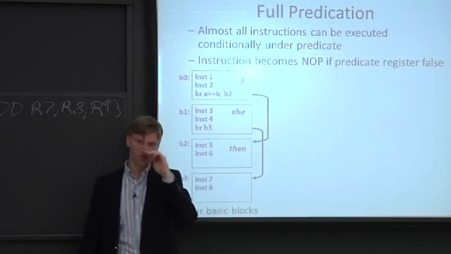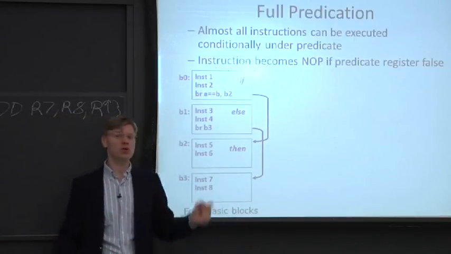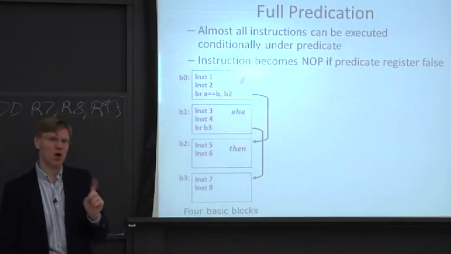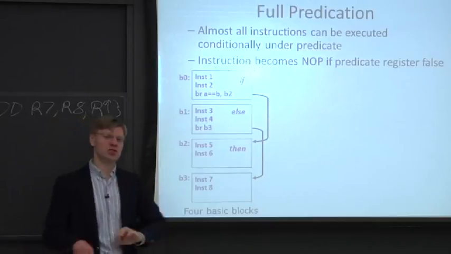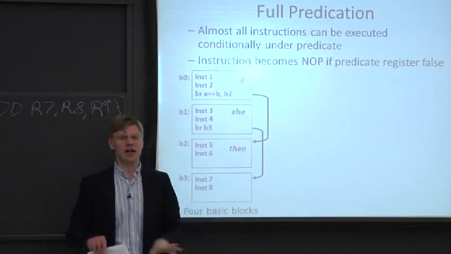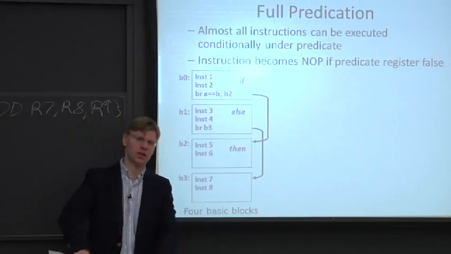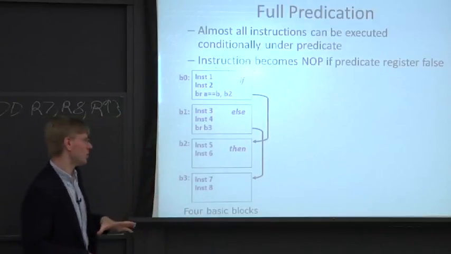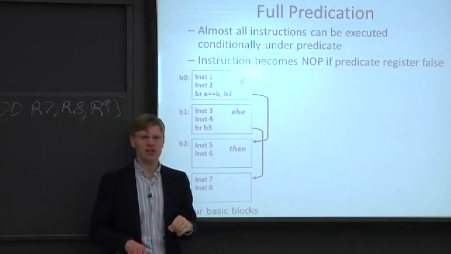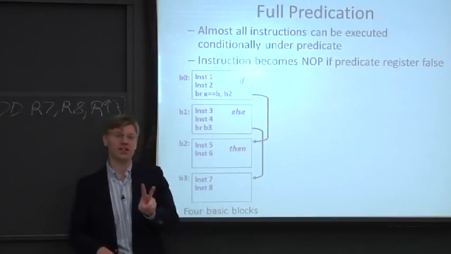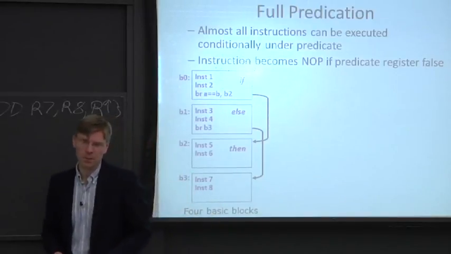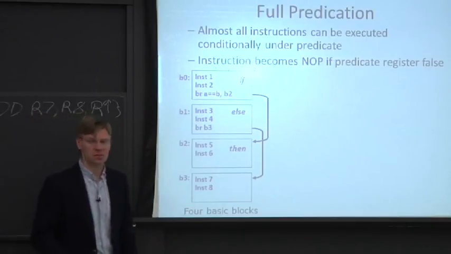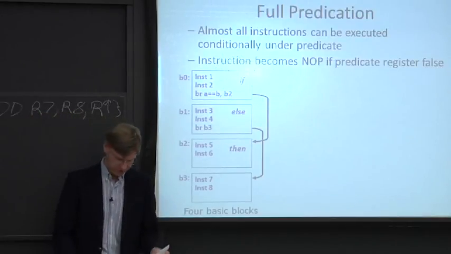You can jump to it from other pieces of code, but once you enter it, you execute the code all the way to the end, and then there's one place you can leave. A piece of code that has, for instance, 2 branches is not called a basic block. That's called a bigger type of block. But this is a compiler term, and it's just good to know.